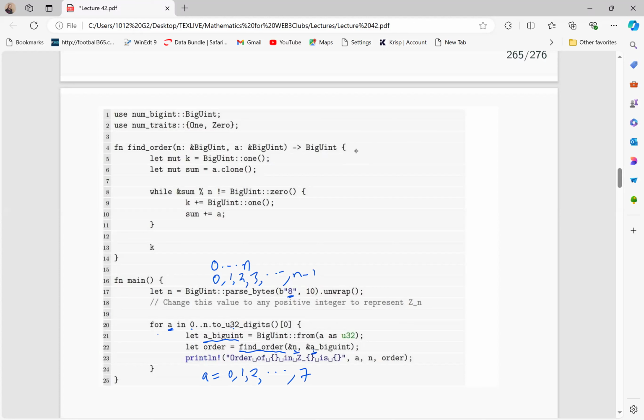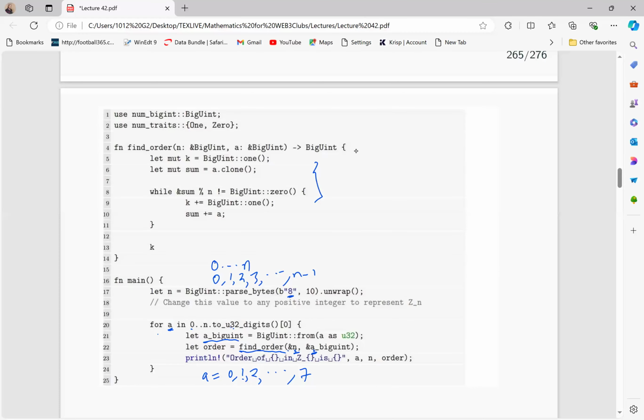This one then does that work. Once it's done with that, the main function calls for the next one, because it requires the order of 1. So it will call the find order function and give it N and 1.